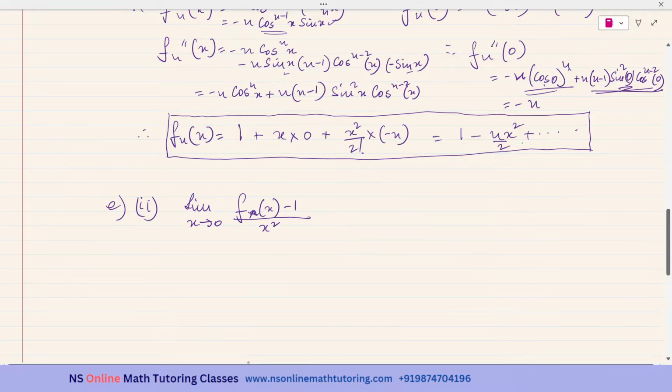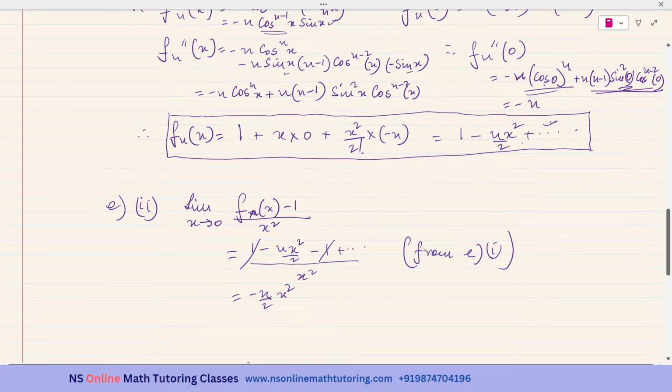Okay, so this will be equal to, I am writing this expression in place of f n of x, 1 minus n x squared over 2 and minus 1 plus dot dot dot over x squared from part I. Okay, and this will be getting cancelled, and you will be having this is equal to minus n over 2 x square.